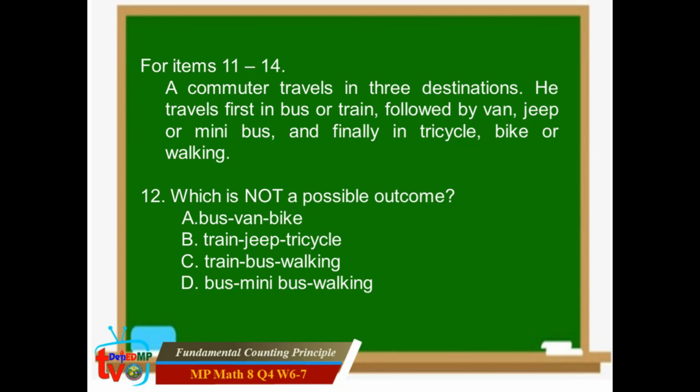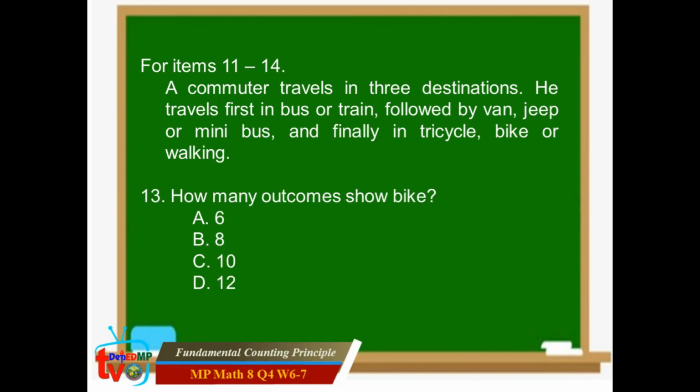D. Bus, minibus, and walking. 13. How many outcomes show bike? A. 6. B. 8. C. 10. D. 12.